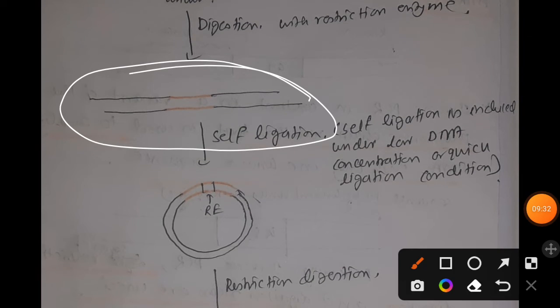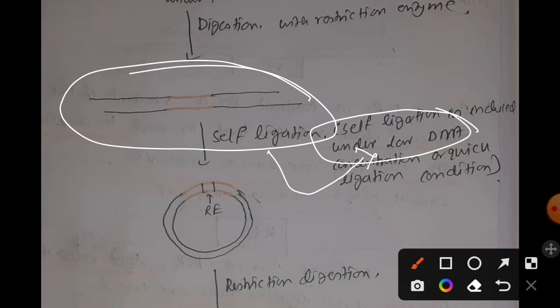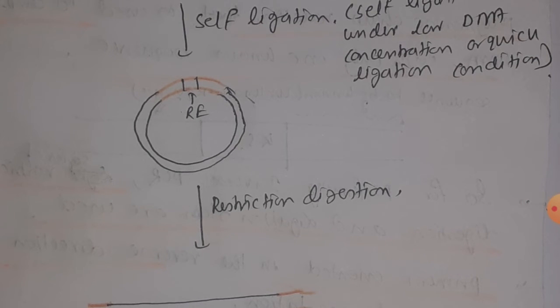Now we will perform self ligation. For performing self ligation along with ligase, it is important to make sure that we have used low DNA concentration. Low DNA concentration, or the condition which is known as quick ligation condition, will promote self ligation. And due to this self ligation the DNA will be circularized. Then we will perform restriction digestion.